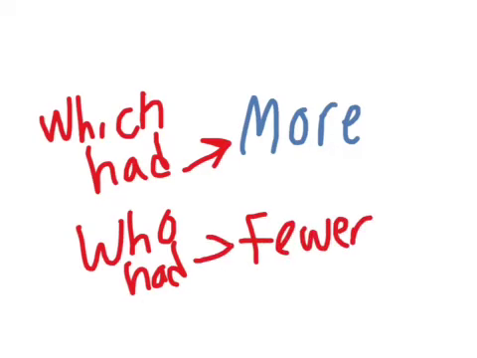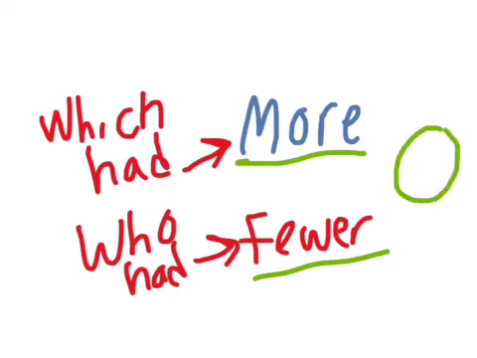So if the words more or fewer are in your question, you are missing the more or fewer circle. When you go back to work today, I want you to make sure that you are doing exactly like I showed you. If you have questions, just raise your hand.